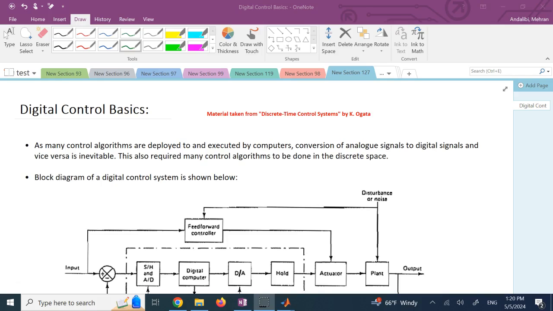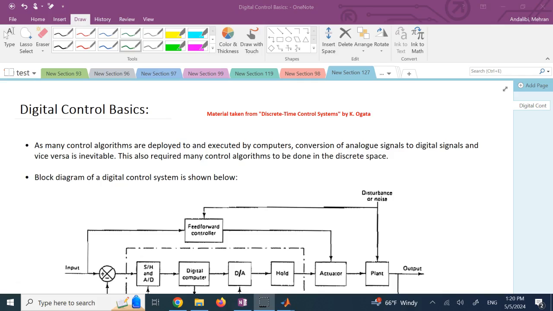Why do we need digital control? Now that we learned classic control, state space, a little bit about optimal control, adaptive control, nonlinear control, these are all done in continuous time, or you might call using analog signals, right? These are continuous control strategies. So why do we need to do digital? Because in today's industry, everything is digital.